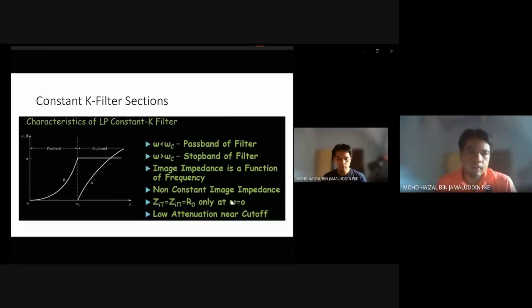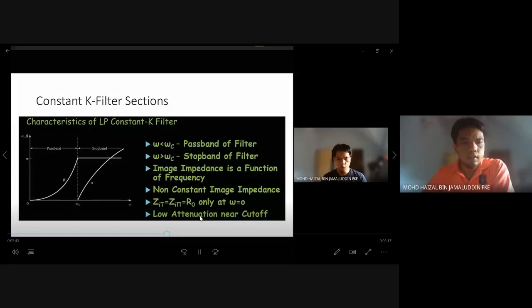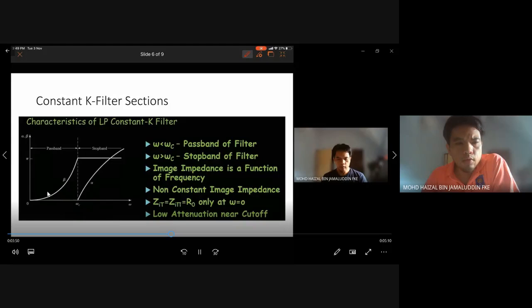Okay, in the constant K filter section, you will have a pass band and a stop band. In the pass band you allow the signal, while at the stop band you eliminate the signal you don't want, within the cutoff frequency.